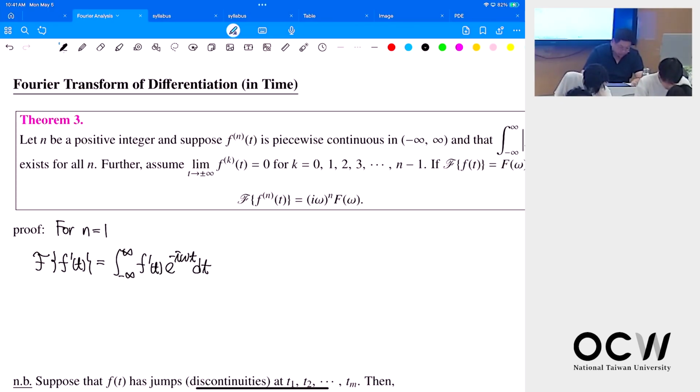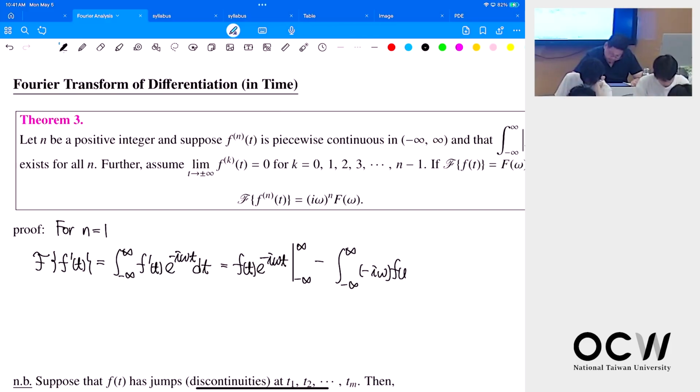Using integration by parts, I have f of t e to the minus i omega t from minus infinity to infinity, and then I have minus minus i omega times the integral of f e to the minus i omega t dt.